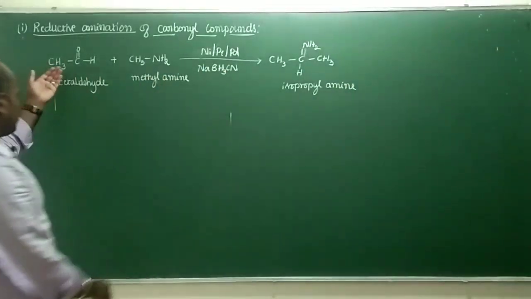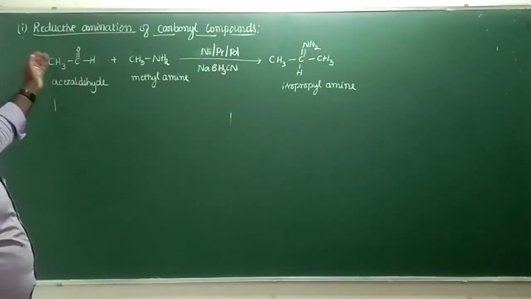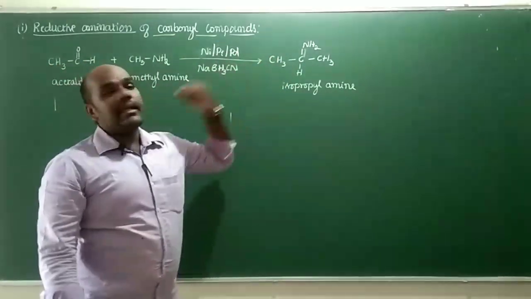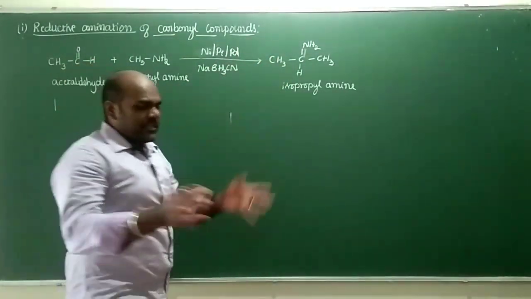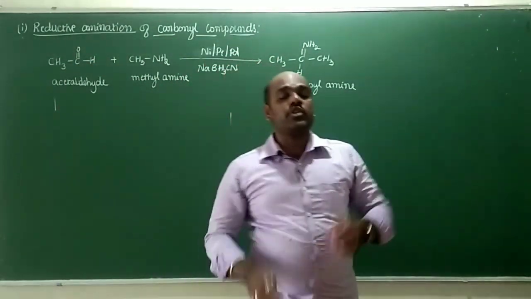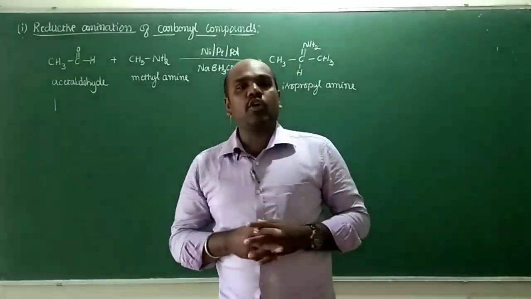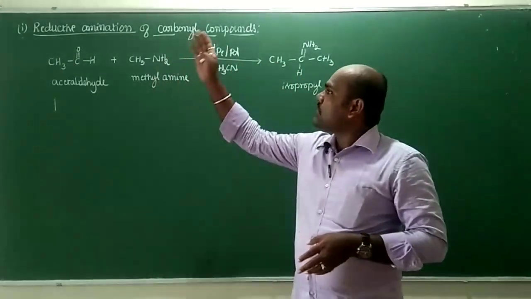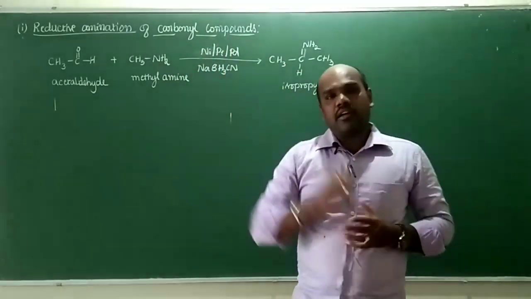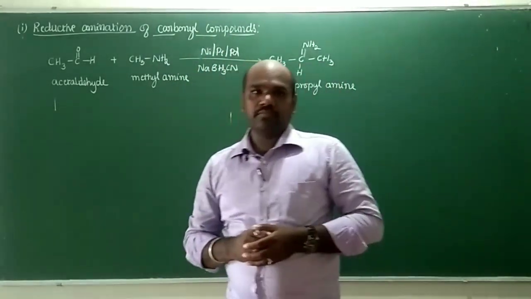This is the easiest way of converting acetaldehyde into a secondary amine, and this is the whole and sole thing about the method that we followed to produce amines, that is reductive amination of carbonyl compounds.